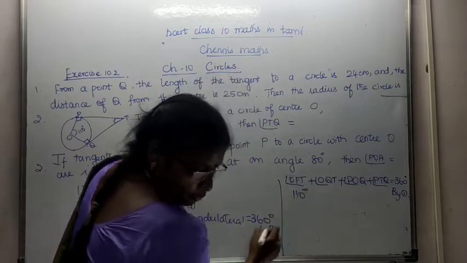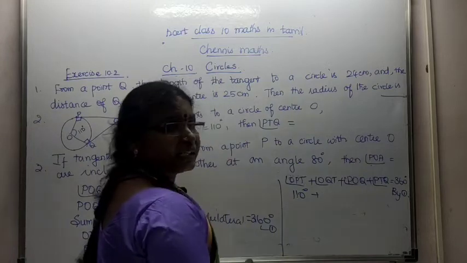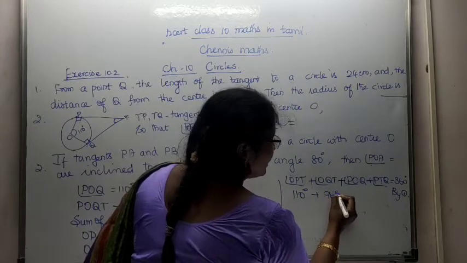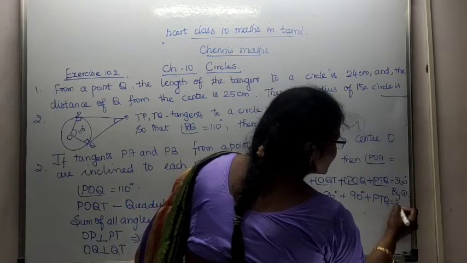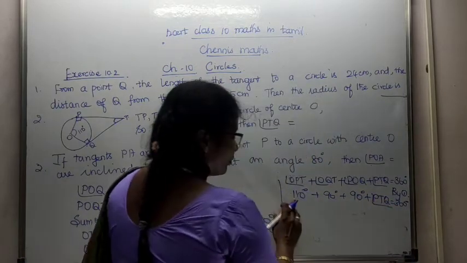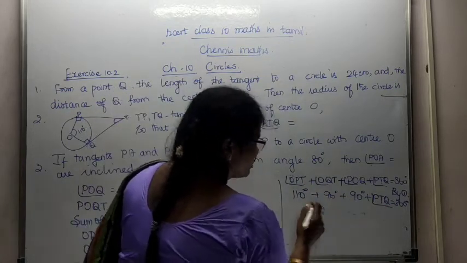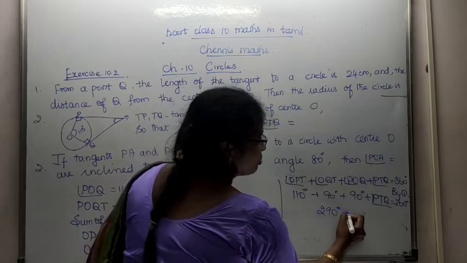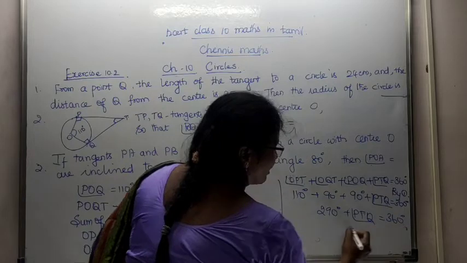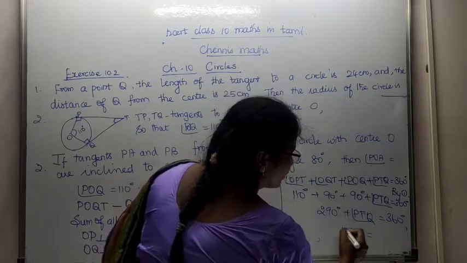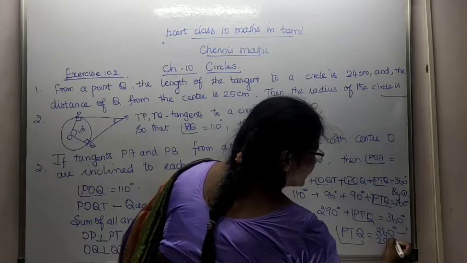OQT is 90 degrees, and OPT is also 90 degrees, plus PTQ equals 360 degrees. So 110 plus 90 plus 90 is 290, plus PTQ is equal to 360 degrees. Therefore, angle PTQ is equal to 360 degrees minus 290 degrees.